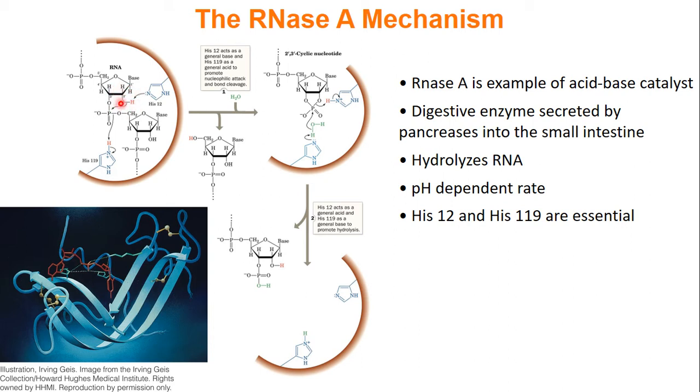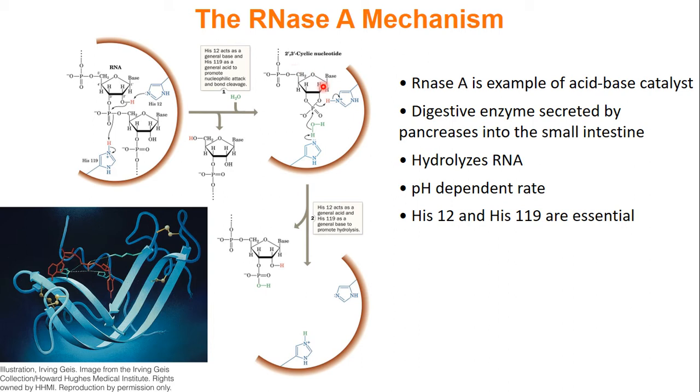What that does is oxygen will then attack the phosphate, and to do that, His119 will act like an acid and donate a proton to this other oxygen. And you have effectively broken this phosphate bond here, and so half of your RNA molecule is now free to leave, so you're halfway done.